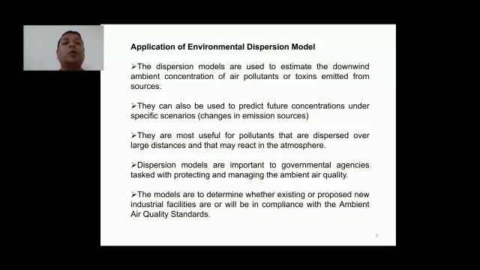They can also be used to predict future concentrations under specific scenarios, like changes in emission sources. They are most useful for pollutants that are dispersed over large distances and that may react in the atmosphere.